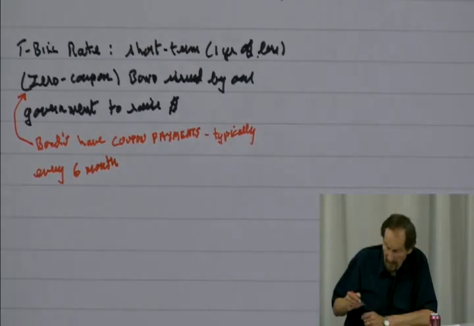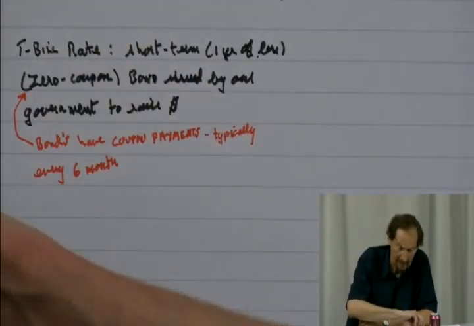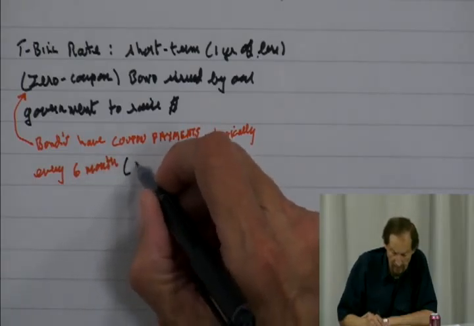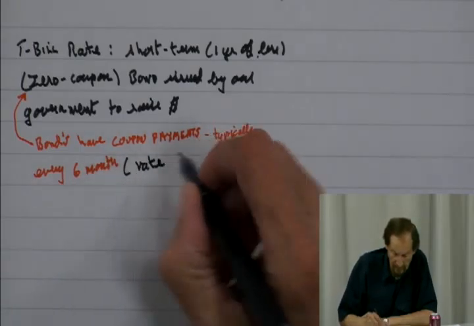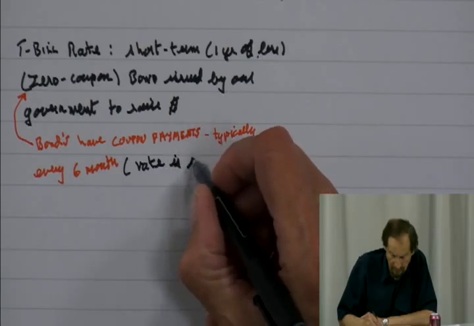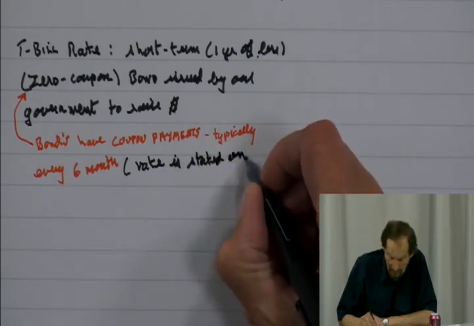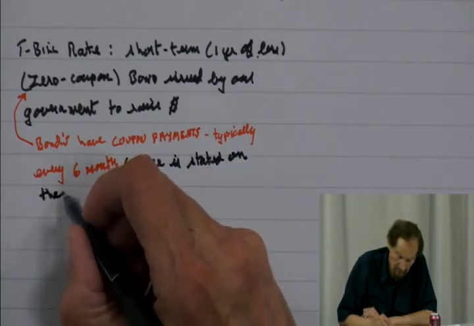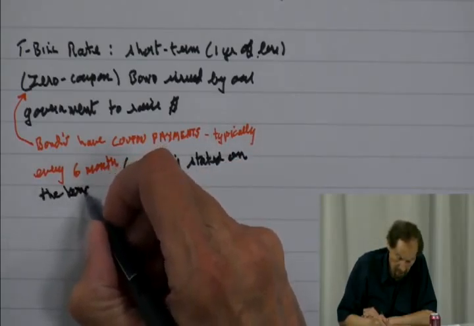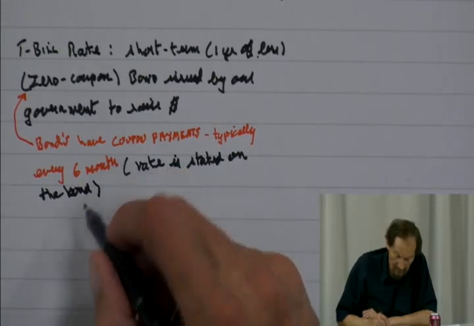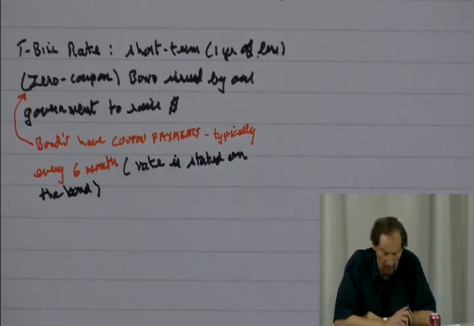So you have a bond, you have coupon payment every 6 months, and the rate is stated on the bond. So you may have a 6% coupon rate, 3% coupon rate.